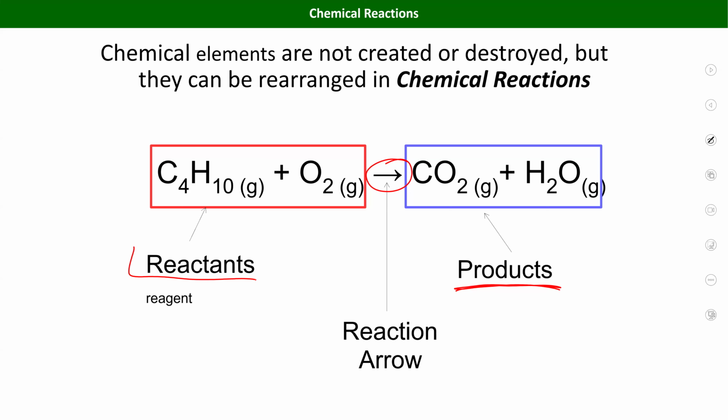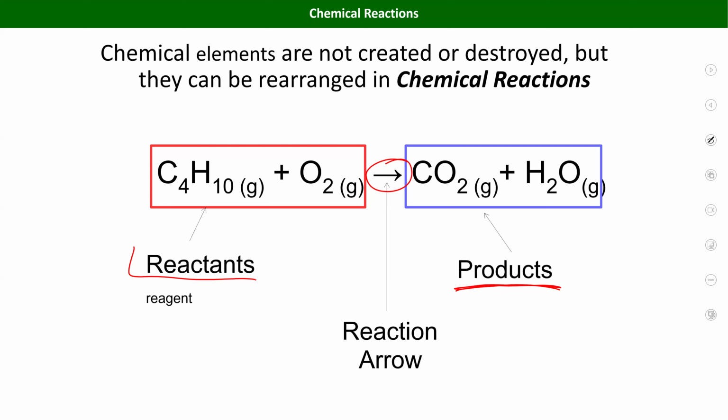Reagent and reactant mean literally the exact same thing. Frankly, I'm not sure why they changed it, other than reactant sounds more like reaction, I guess. All right, so all a chemical reaction is you put your reactants together, something happens, and you get your products.